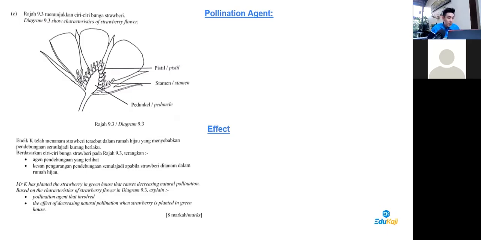It's just sometimes a personal preference. Okay, so in Encik K, Mr. K planted strawberry, and that causes decreasing natural pollination. Okay, natural pollination. Based on the characteristic, guys, talk about pollinating agent and also the effect. So pollinating agent can be like bees, insects, and so on.